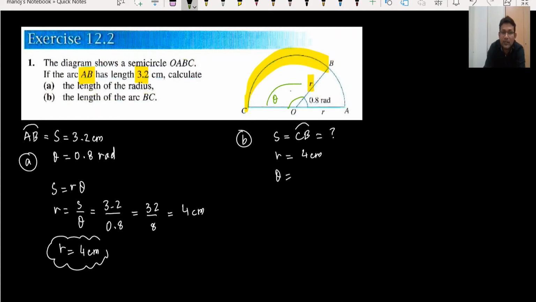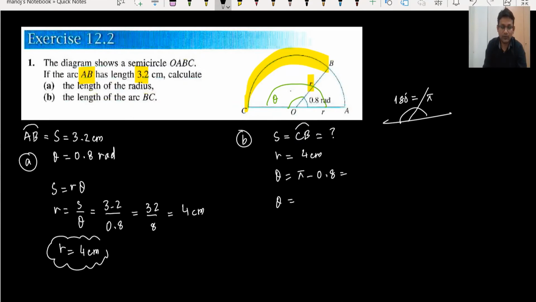So the total sum of the angles in a straight line is 180 degrees. So 180 degrees equals how many radians? Pi radians. So I will write theta is equal to pi minus 0.8, and you can get the value from the calculator. Pi minus 0.8, and the result is coming 2.34.